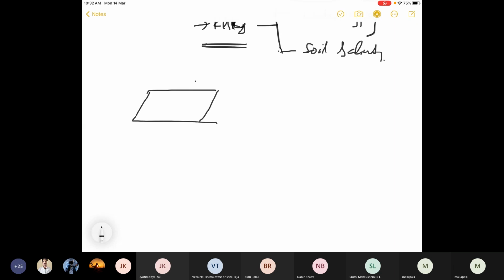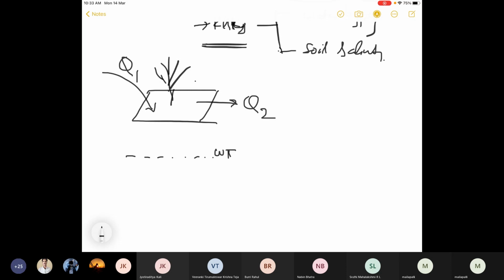This is an agricultural field, and let's say there is a crop here, and when you irrigate it with, let's say, Q1, that's the volume of water being irrigated, and let's say this is the initial water table. I'm denoting it with WT, water table. And there is water which is going out from the field, that's Q2.